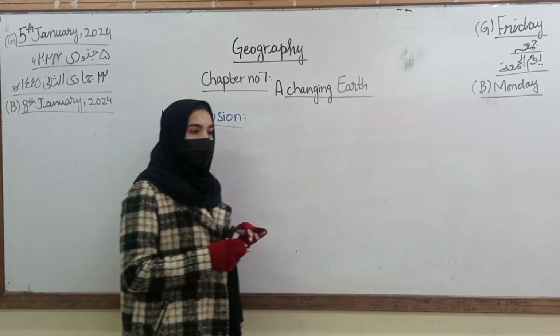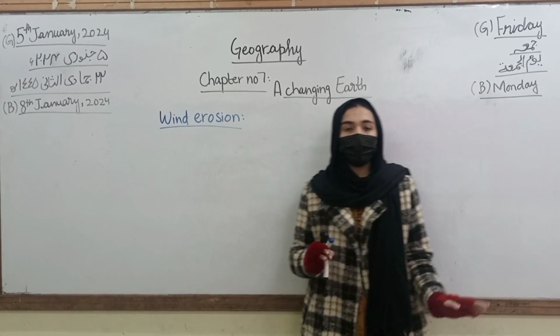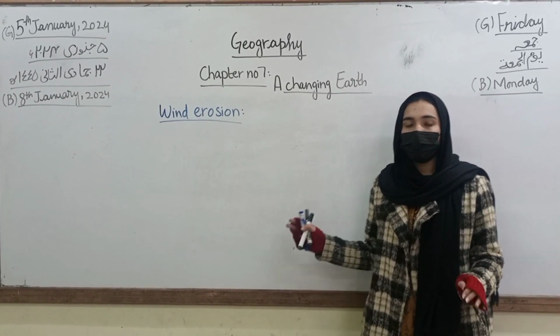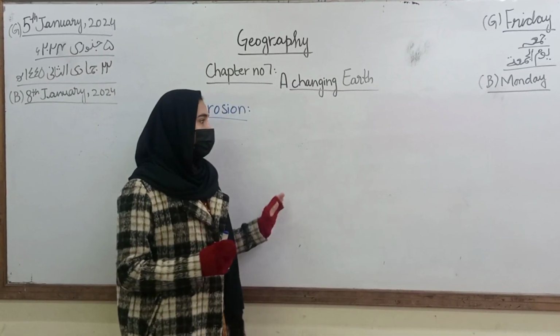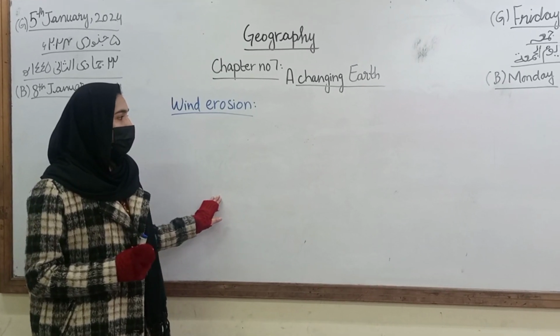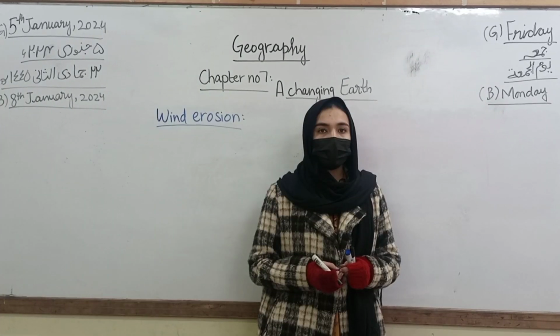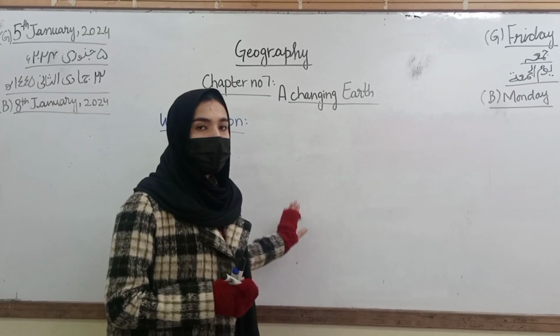This is the land which can easily lose its soil particles and rock particles. So wind causes erosion where there is less vegetation and bare soil. Can you think for a while in how many ways wind erosion happens?